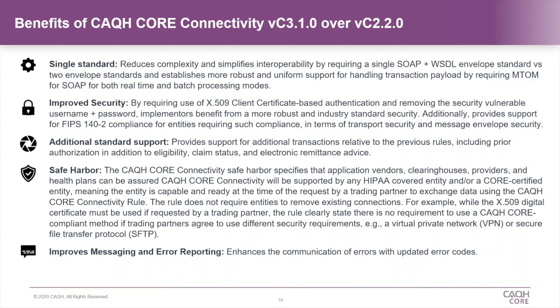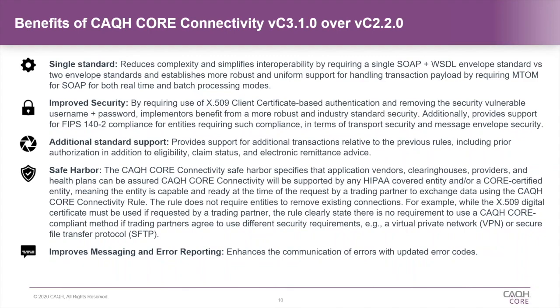By requiring use of digital certificates X.509 based authentication, and removing security vulnerabilities of username password, implementers benefit from more robust industry standard security. Additionally, this provides support for FIPS 140-2 compliance for entities that are required for such compliance. Again, this allows for very specific requirements for security and message envelope standards.